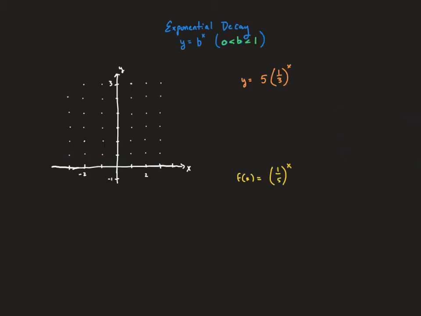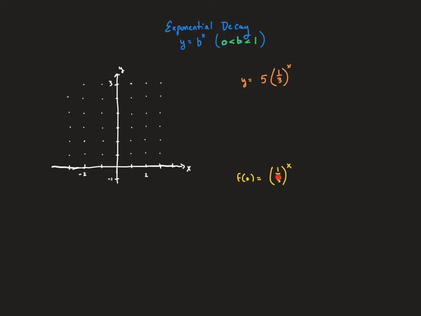So here we talk about decay. Now exponential decay is going to be when b is in between 1 and 0. So it's a portion of something. We're constantly taking away. So right here, each time my x increases, I'm going to be multiplying by 1/3. So I'm going to be decreasing by 1/3 each time.